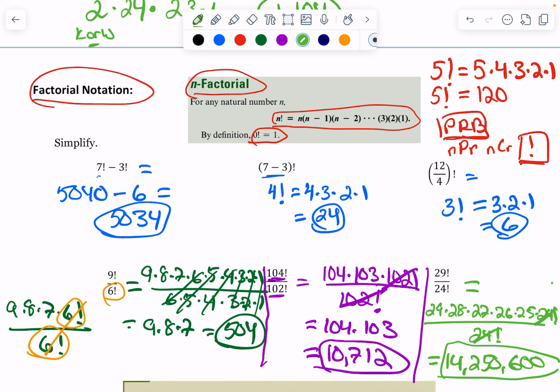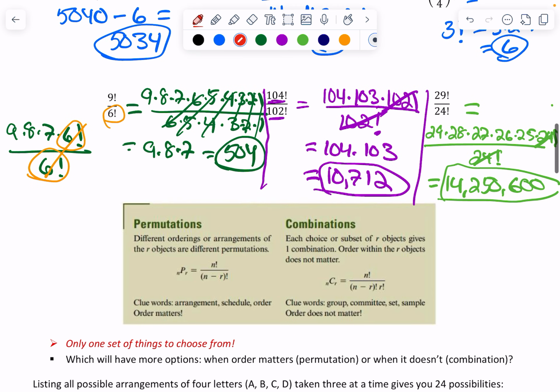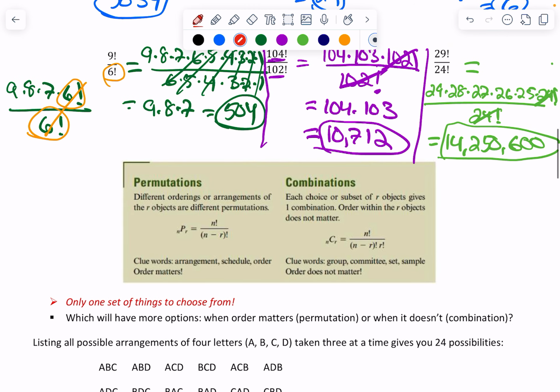Okay, now we're going to look at what these buttons are on the calculator, the permutation and combination. Permutations: different orderings or arrangements of the r objects are different permutations. So there's the formula for how you calculate it.